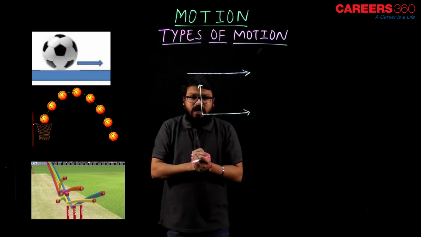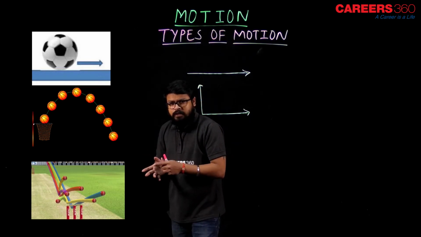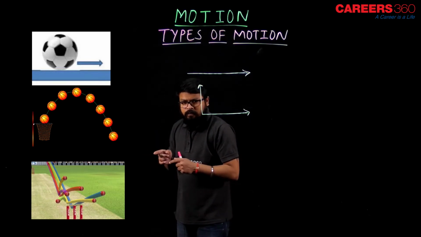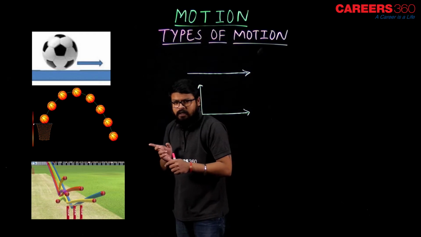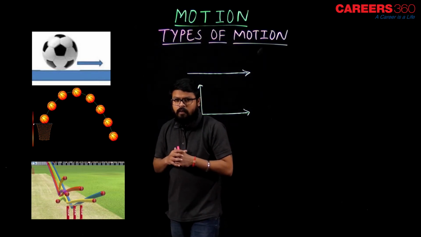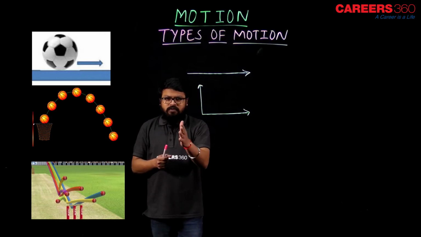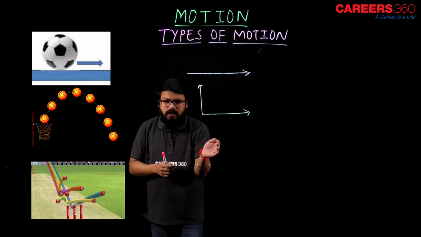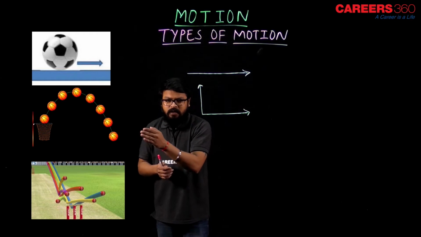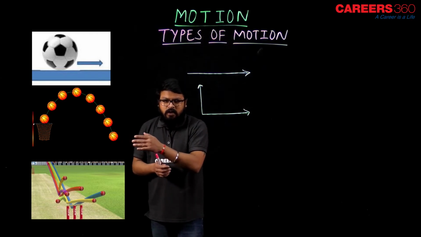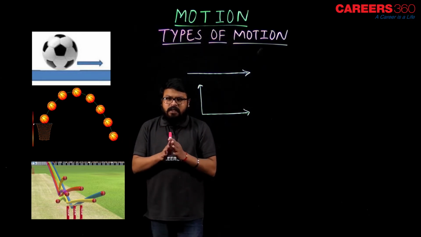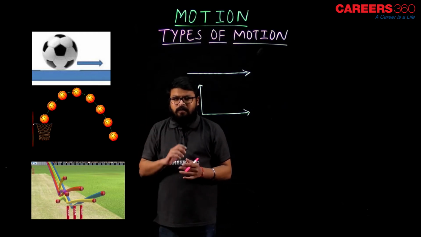That's why two directions. Now as you can see the third picture over here, consider particularly the green trajectory of the cricket ball. When the ball is thrown, if it is not swinging out of the path of the wicket, then we can say it is the same motion as the basketball.